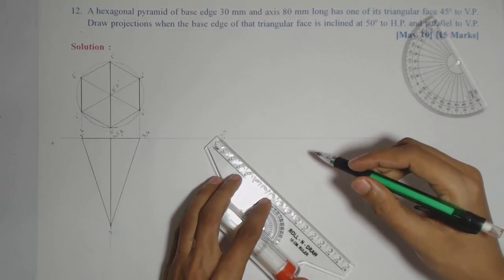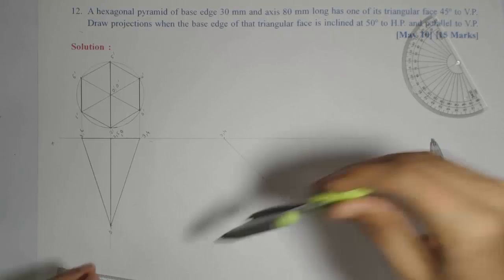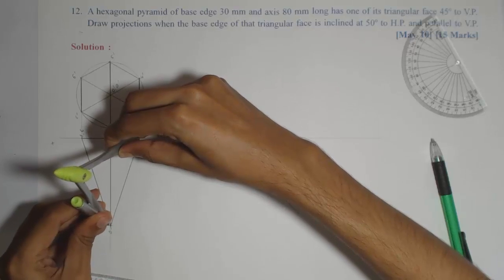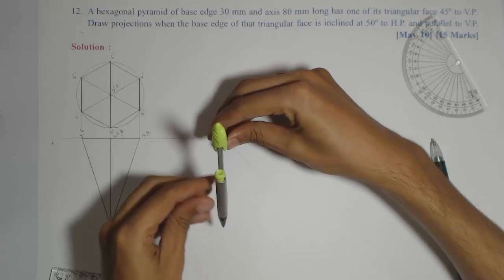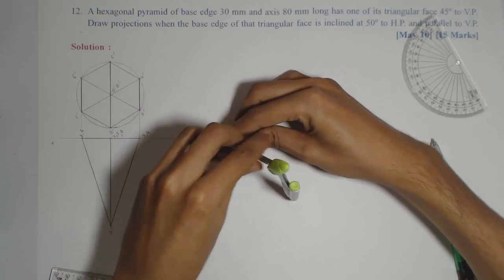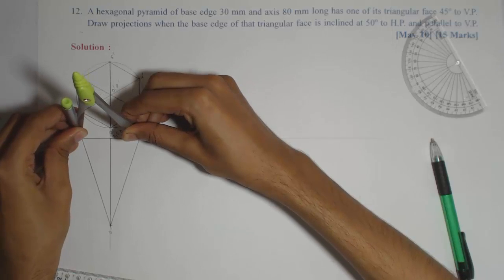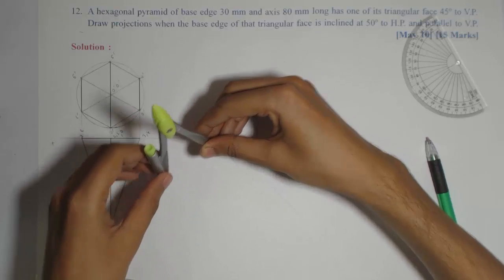And on this 45 degree line we will mark the triangular surface, which is this length in the top view. Now we'll complete the remaining triangle by using the other distances 1 6. For that we'll produce the arc.